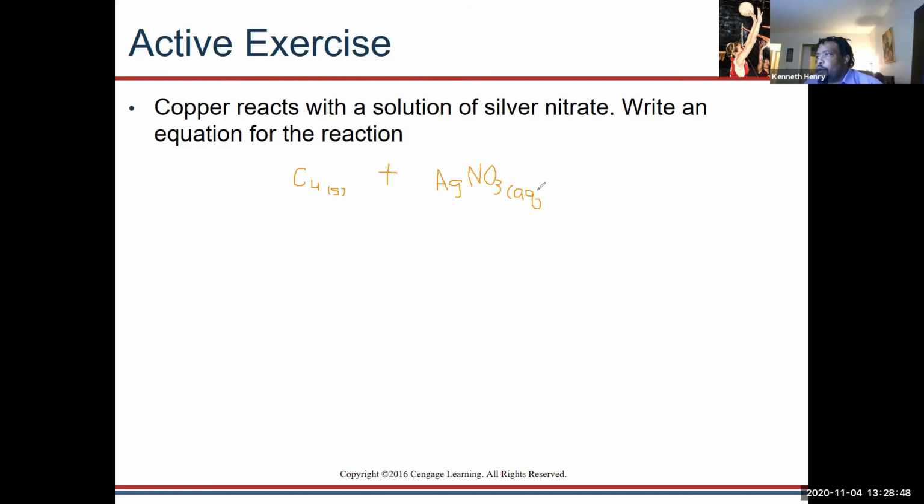Okay, so now if we're replacing the old girlfriend with a new girlfriend, just a heads up: when you're doing a single replacement reaction, most metals, except for silver and gold, will have a +2 charge.